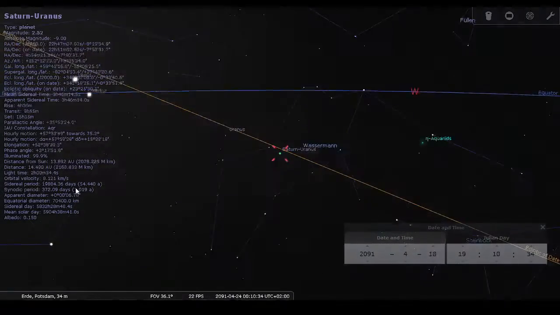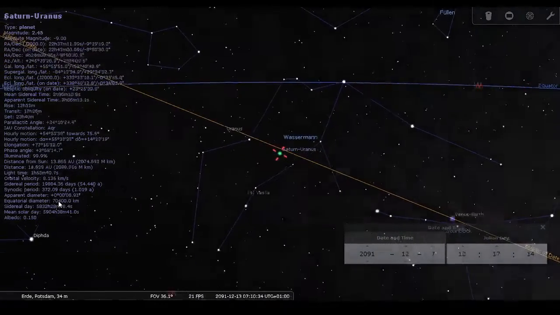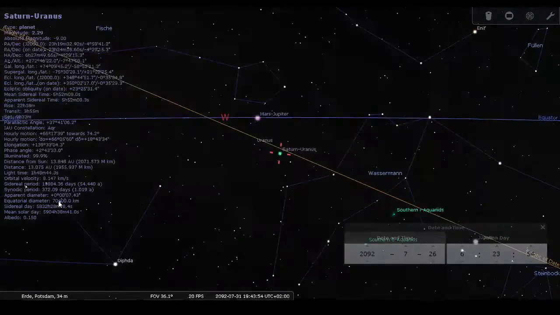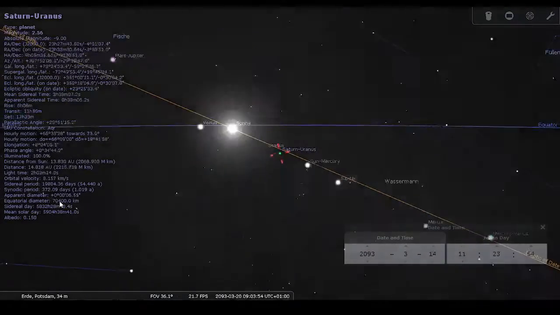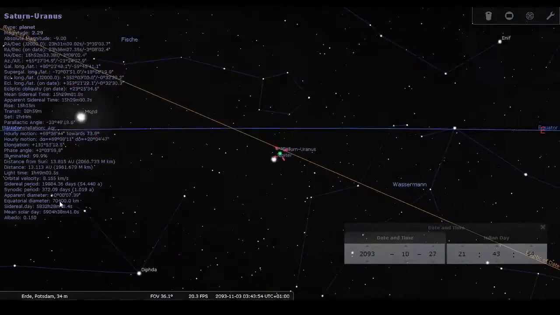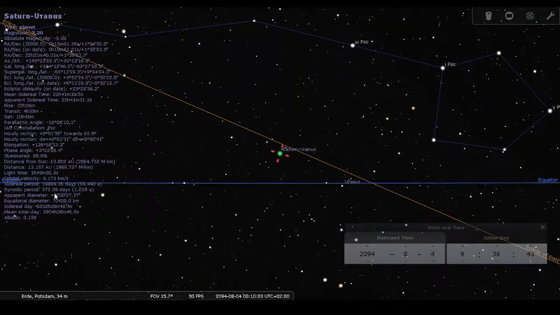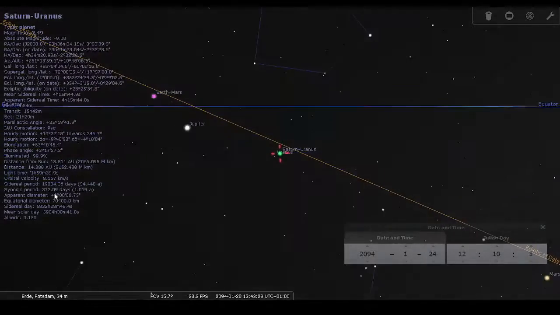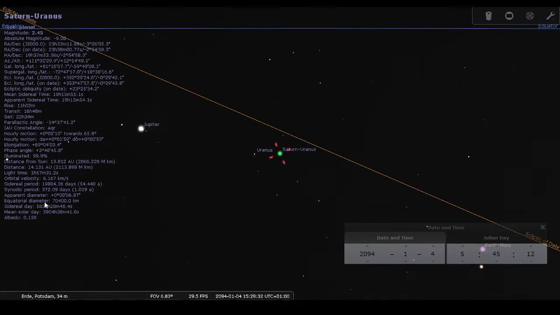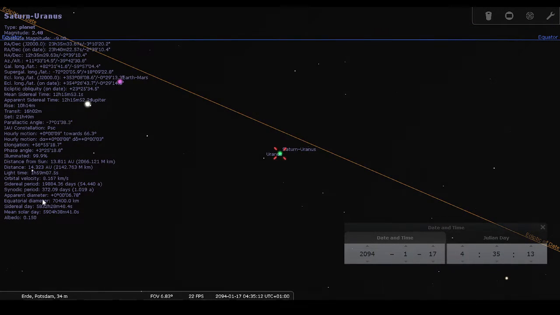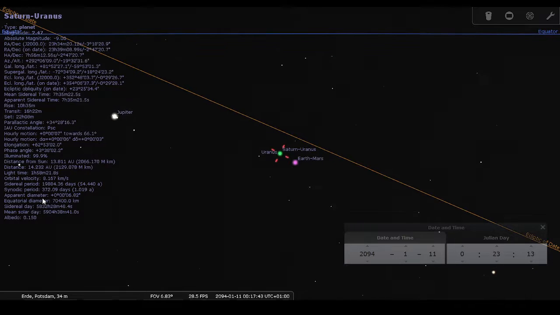The equatorial diameter is of course a bit smaller than Saturn's, because Saturn has a rather big diameter compared to Uranus.